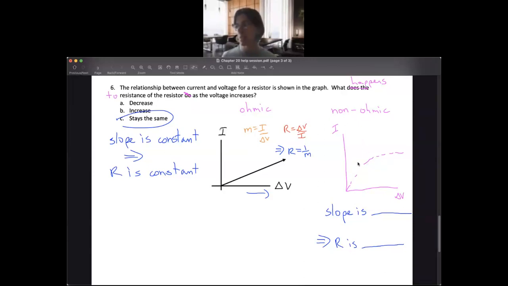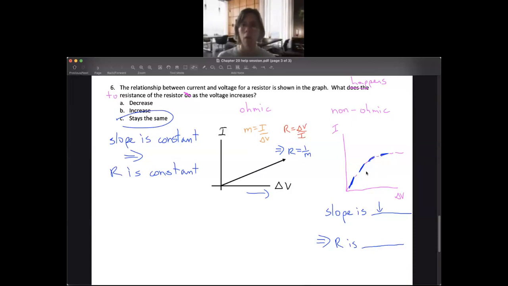So the slope is decreasing, right? Because if you look at the slope, you have a steep slope here, and then it's getting less steep and less steep. So the slope is decreasing. So if you look at the fact that R is 1 over M, you can't use R as 1 over M for the whole plot, but you can use it for one point.